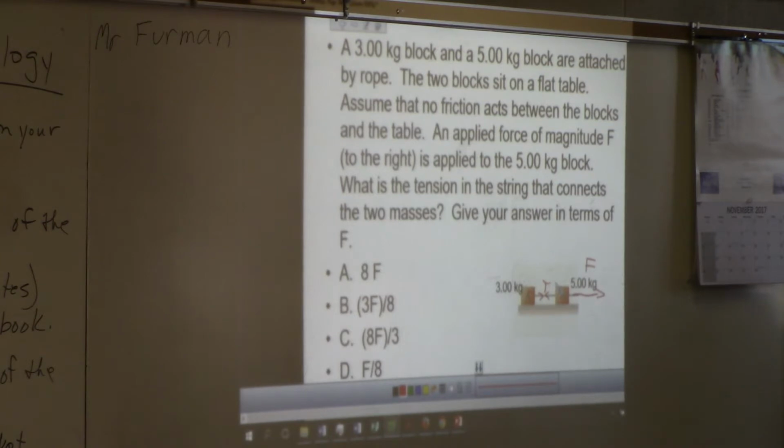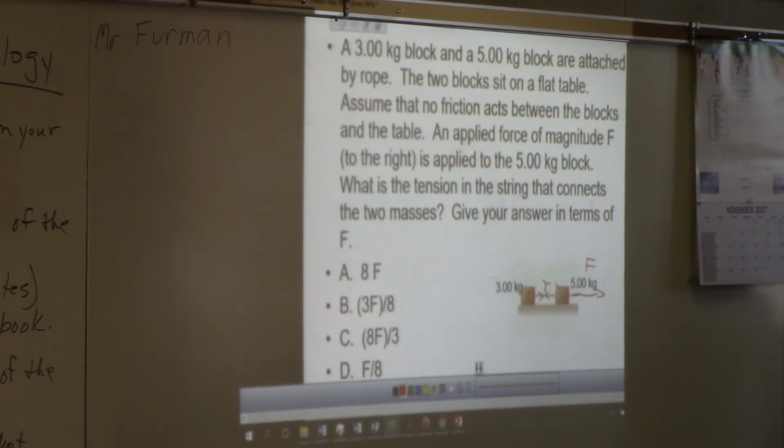It's got a force F in one direction and a force T in the other direction. Are those going to be equal? If they were equal, then it wouldn't be accelerating. So F related to T is going to be what?